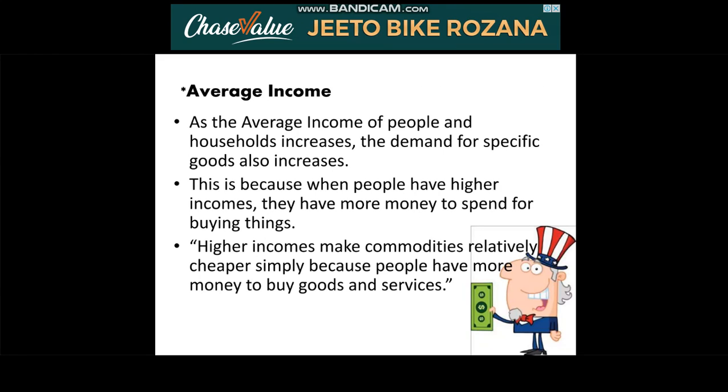Average income. As the average income of people and households increases, the demand for specific goods also increases. This is because when people have higher income, they have more money to spend for buying things. Higher incomes make commodities relatively cheaper simply because people have more money to buy goods and services.